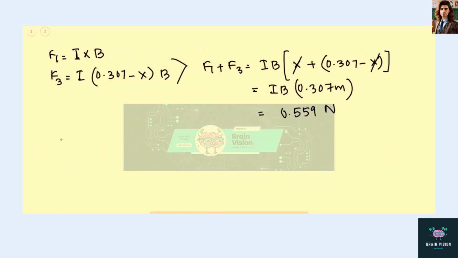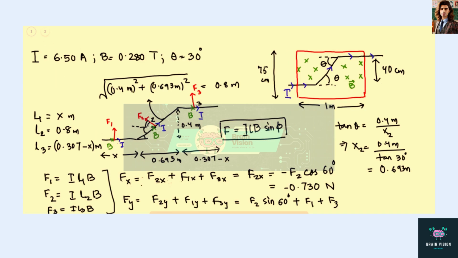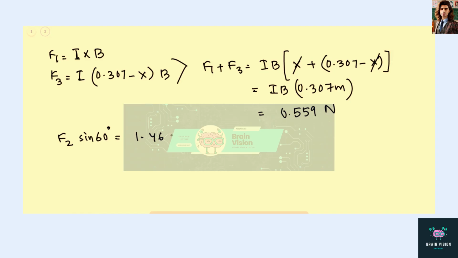And then we find F2 sine 60 degrees. So F2 comes out to be 1.46, this value, times sine 60 degrees, which is root 3 over 2.